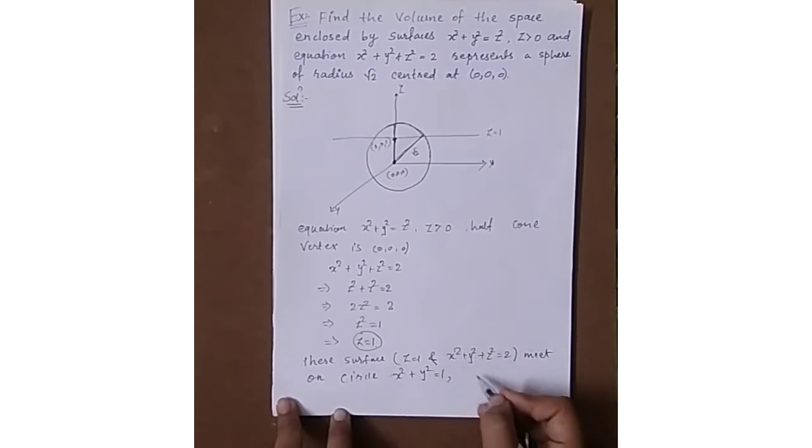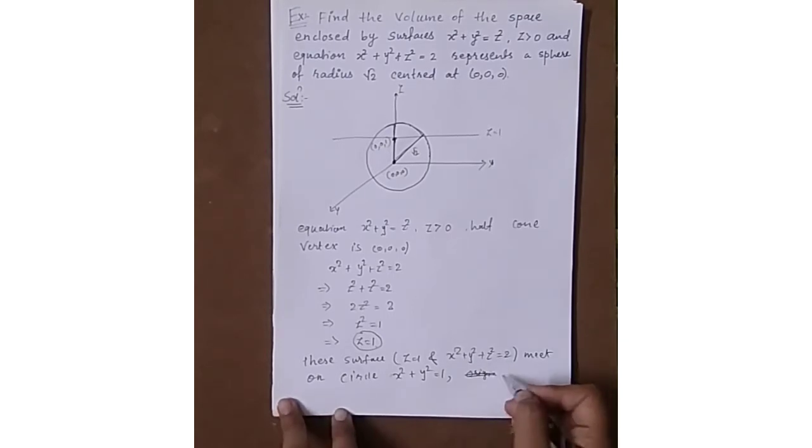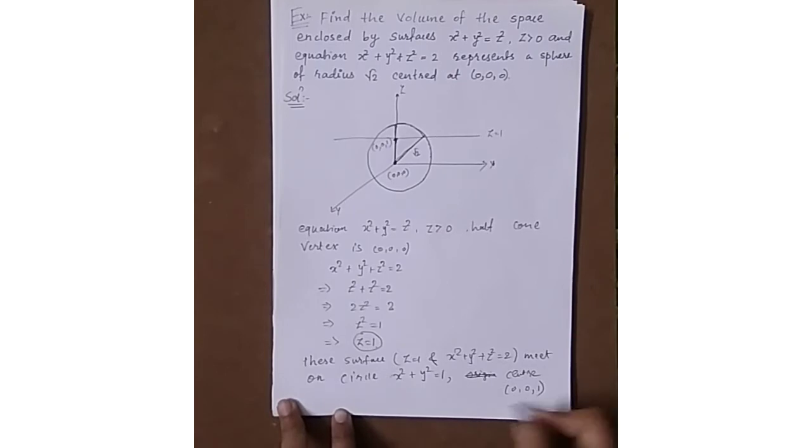The center of this circle is 0, 0, 1 and the radius is 1.